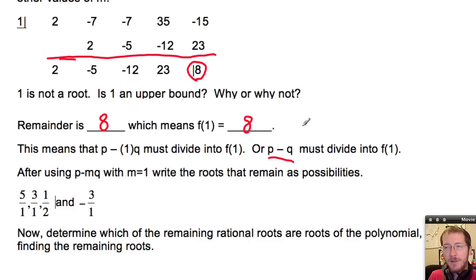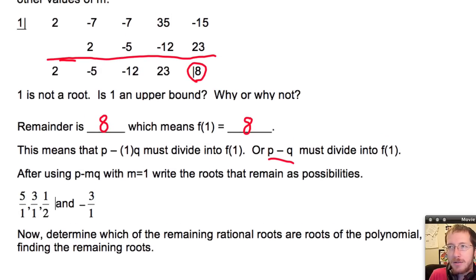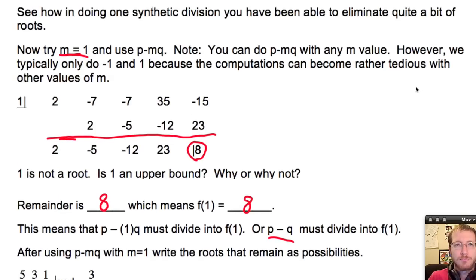Okay, so factors of 8, if you want to keep those in mind, we've got 8 or negative 8, 4, negative 4, 2, negative 2, and of course 1. Alright, so go through that list of possibilities that you narrowed down from negative 1.